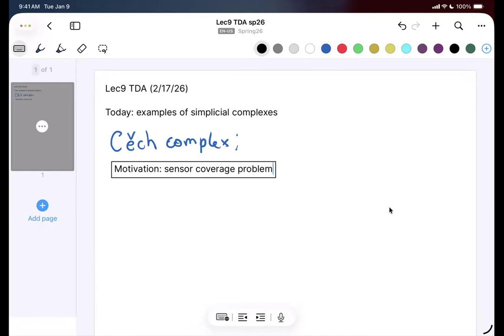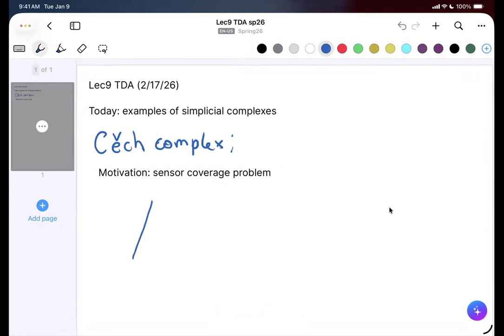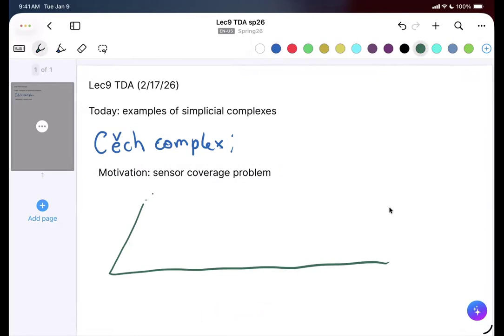So, for example, you could have a forest, and you have some sensors, like smoke detectors or something like that, just to make sure that if there's a fire, you have some notification that there's a fire, right? So you could imagine trying to cover the forest with some sensors, right?